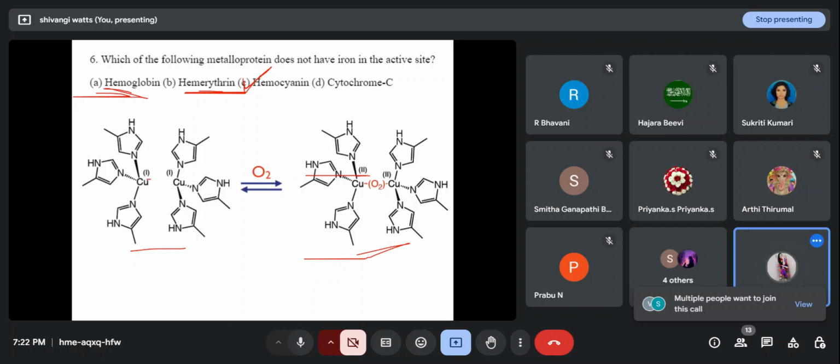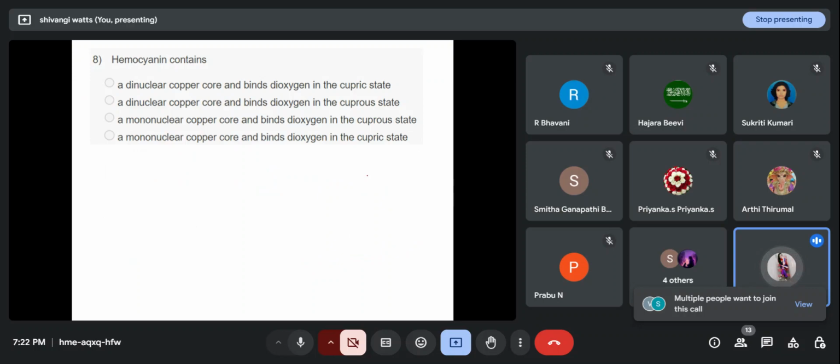Hemocyanin contains a dinuclear copper core and binds dioxygen in the cupric state; a dinuclear copper core and binds dioxygen in the cuprous state; a mononuclear copper core and binds dioxygen in the cuprous state. First of all, which option is correct?